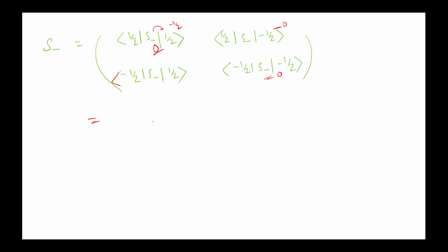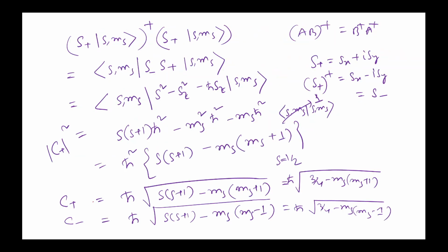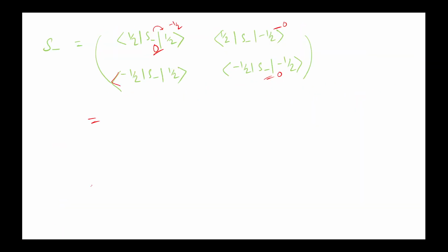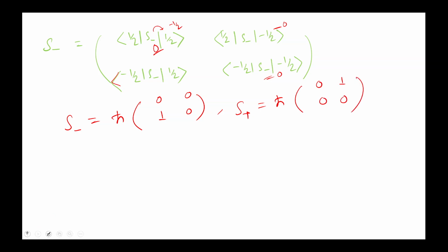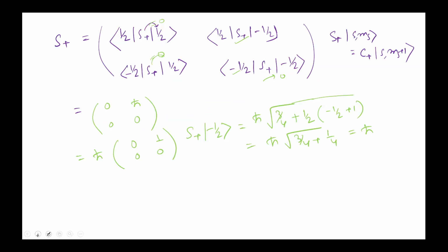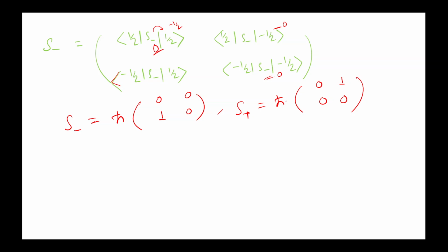And you can work it out from these equations, how the C minus will look, and you will see your S minus will have the form H cross 0 0 1 0. So this is your S minus, and we got S plus as H cross 0 1 0 0.